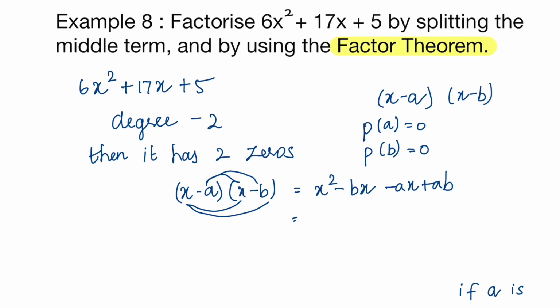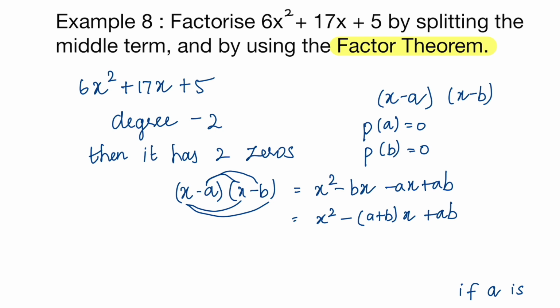If you rewrite this, that gives you x squared minus (a plus b) into x plus a into b. Minus a and minus b we have. If we take minus x as a common factor, that leaves you with a plus b. So x squared minus (a plus b)x plus ab.